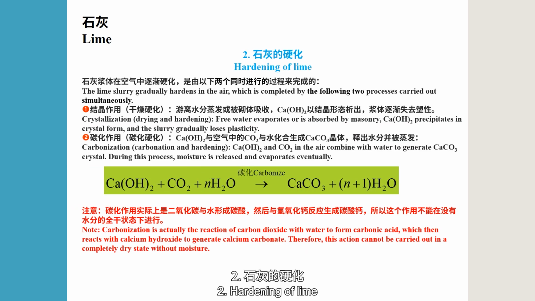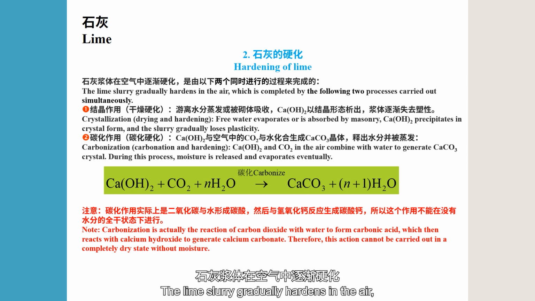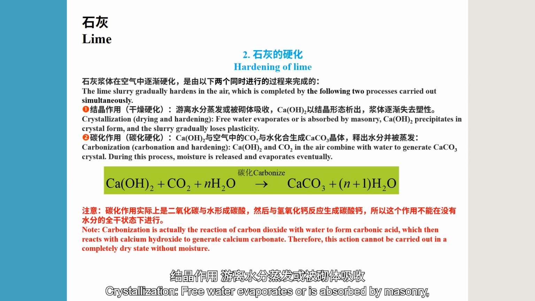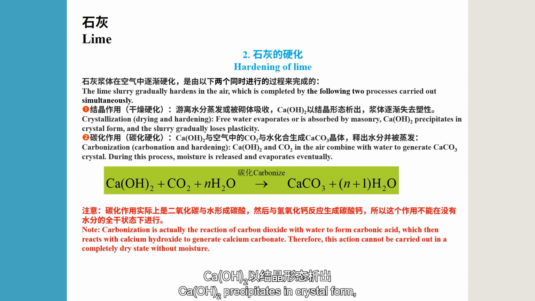2. Hardening of lime. The lime slurry gradually hardens in the air, which is completed by crystallization and carbonation simultaneously. Crystallization. Free water evaporates or is absorbed by masonry. Ca(OH)2 precipitates in crystal form, and the slurry gradually loses plasticity.